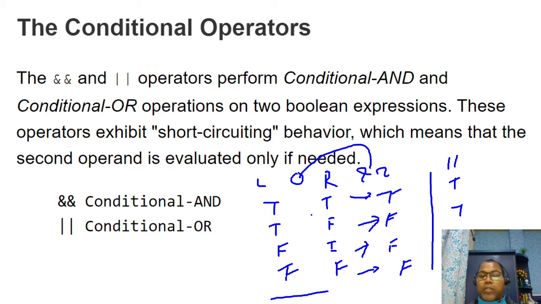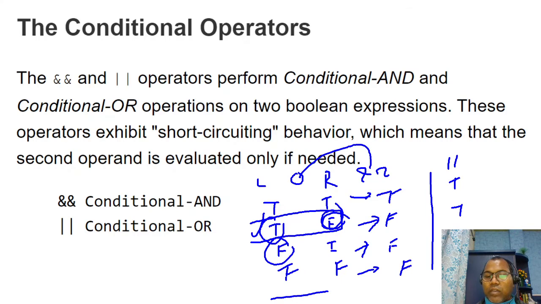Here the condition is that these operators are evaluated from left to right. If we are evaluating left to right with OR and the first is true, then the rest is not evaluated. If the first operator is false, then the next is evaluated. It is similar in the case of the AND operator.